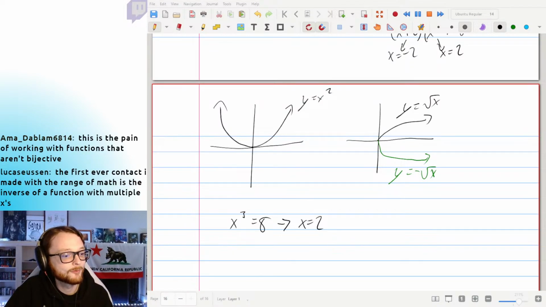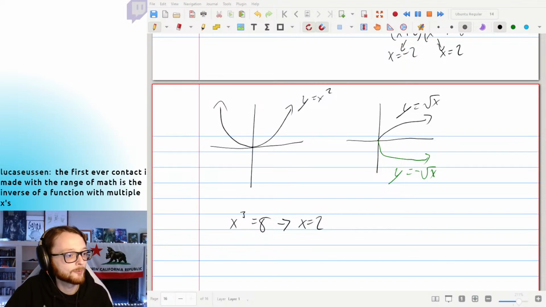Function with multiple x's, okay. Yeah, that's a common place where you learn about range.